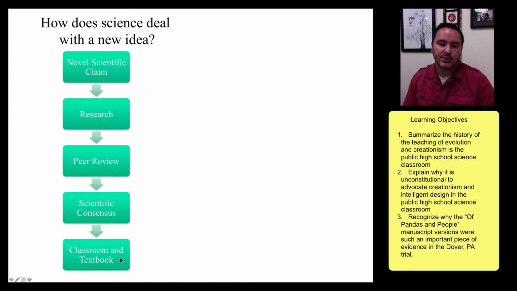And at that point, it should be put into textbooks and classrooms, particularly at the high school level, because we don't want high school kids trying to look at every single novel scientific claim. We should give them more of a filtered version of how we think the world works.